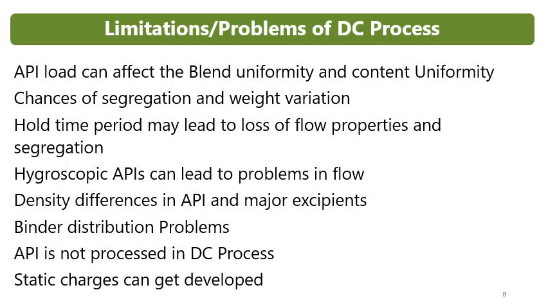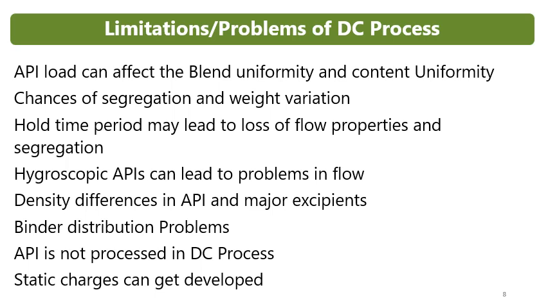As the materials are not processed, there is no control over the granule size or particle size, because particle size alteration is not there in the DC process. Whatever the input materials are, the particle size will be the same. But in granulation, you can select the granule size so that segregation can be avoided. But in the DC process, there are always chances of segregation and weight variation.